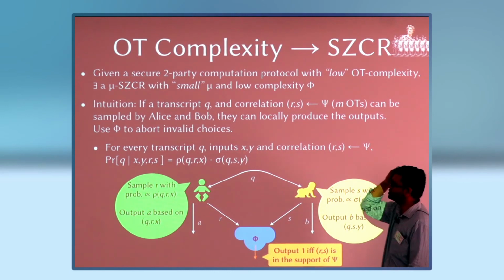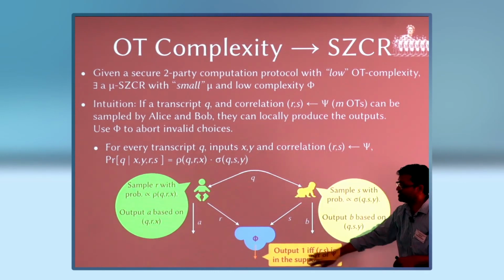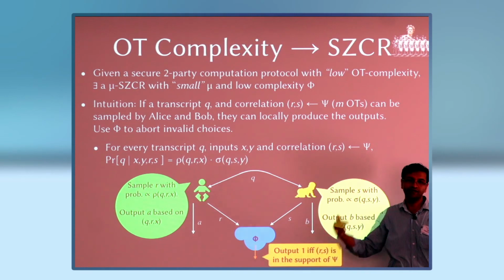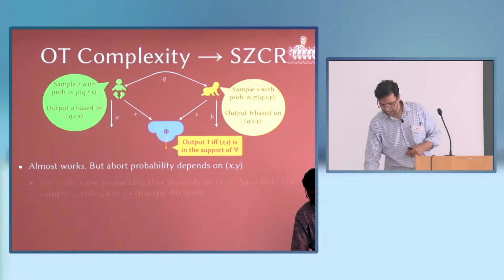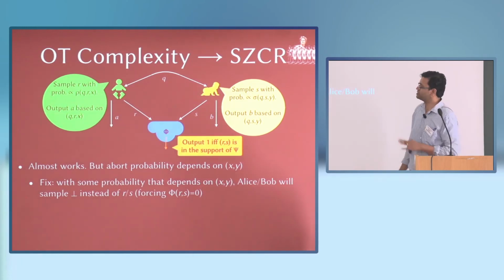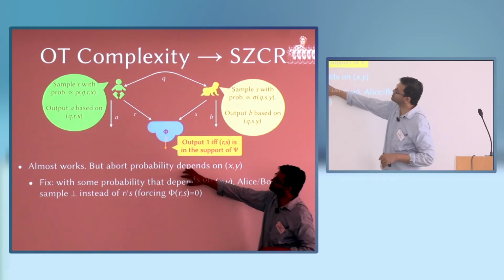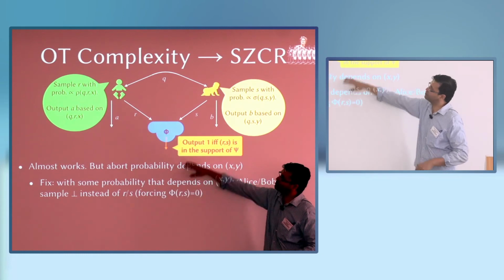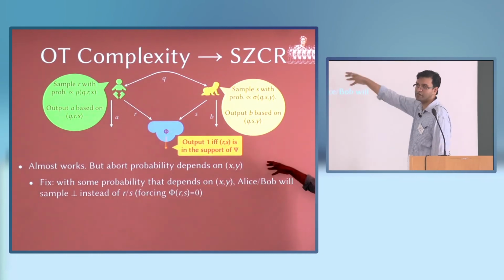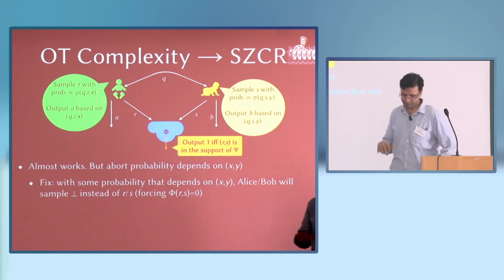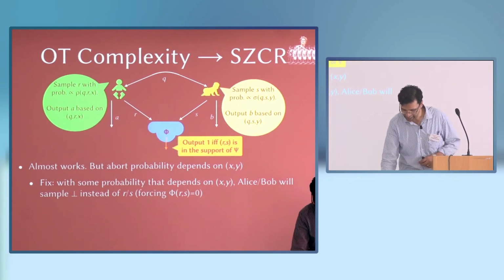They don't necessarily satisfy the correlation, and that is all that this predicate checks. If the R and S are in the support of the correlation. And this almost works. There are a bunch of technicalities because, in particular, it's not even weak CCR, what I just now described. So you need to adjust your probabilities appropriately.